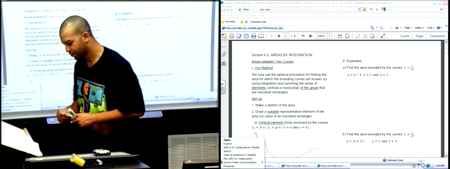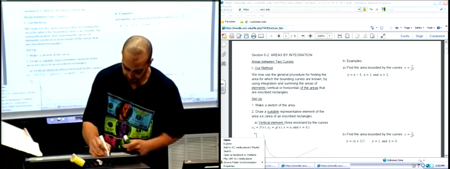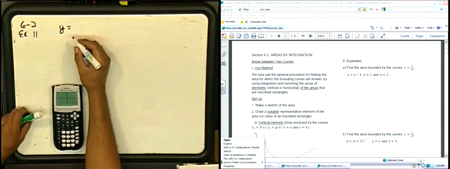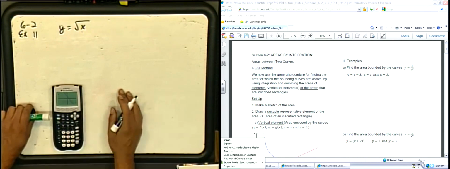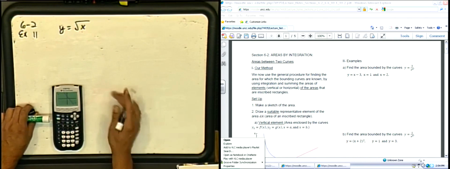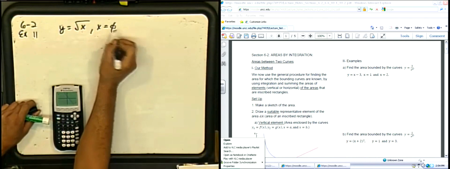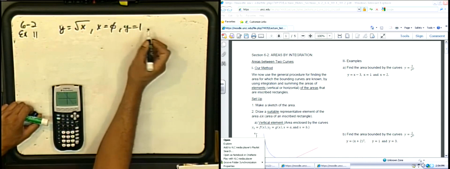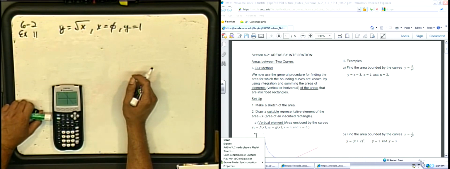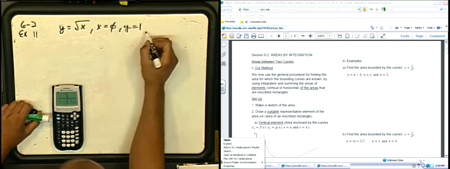A horizontal problem is number 11, and it says y equals square root of x. X equals 0. Y equals 1. Y equals 3.